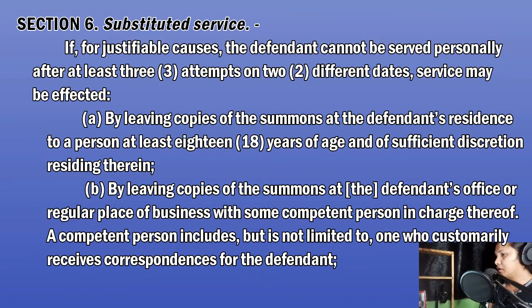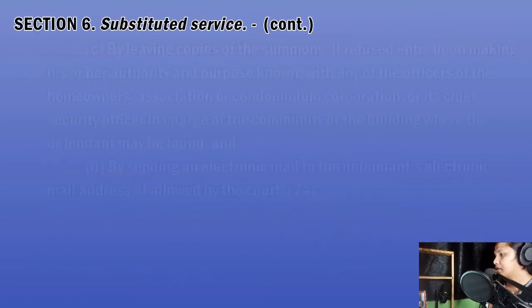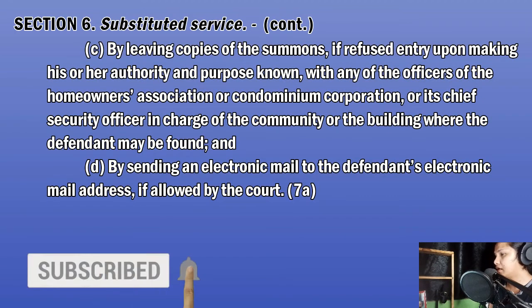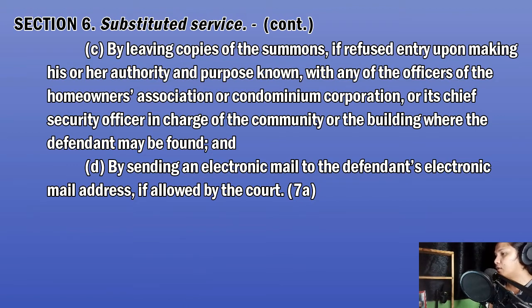A competent person includes but is not limited to one who customarily receives correspondences for the defendant. C. By leaving copies of the summons, if refused entry upon making his or her authority and purpose known, with any of the officers of the homeowners association or condominium corporation or its chief security officer in charge of the community or the building where the defendant may be found. And D. By sending an electronic mail to the defendant's electronic mail address, if allowed by the court.